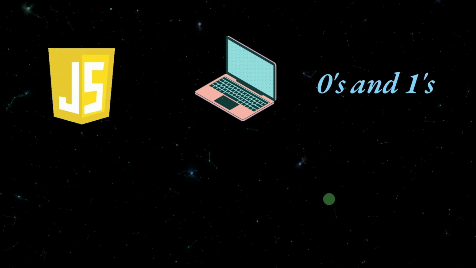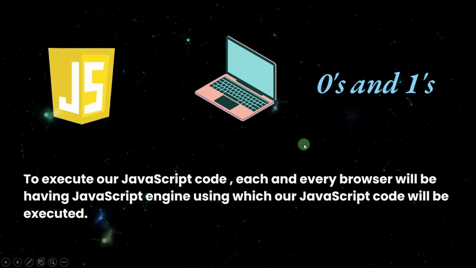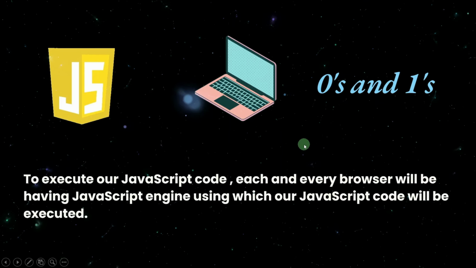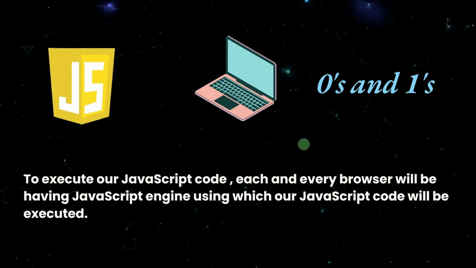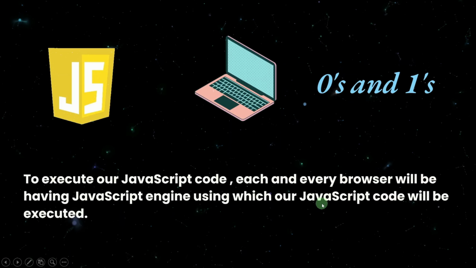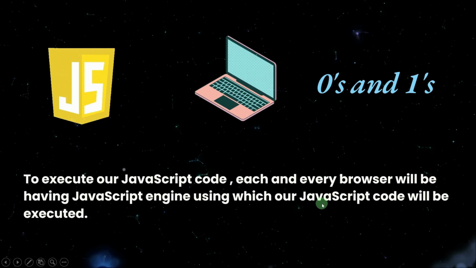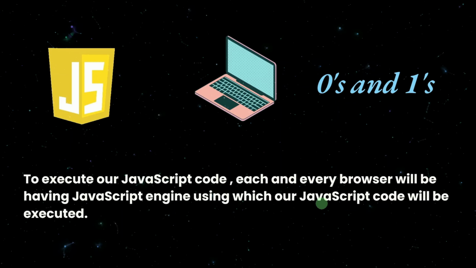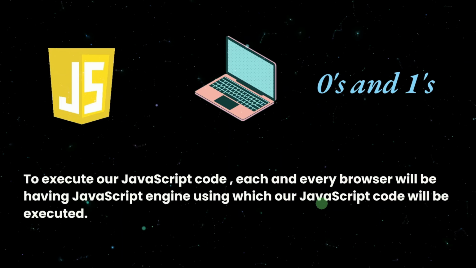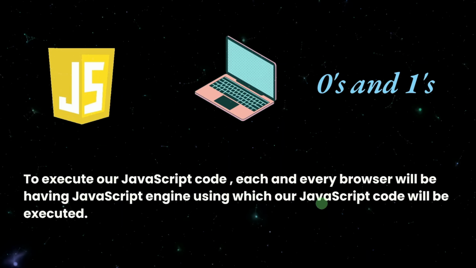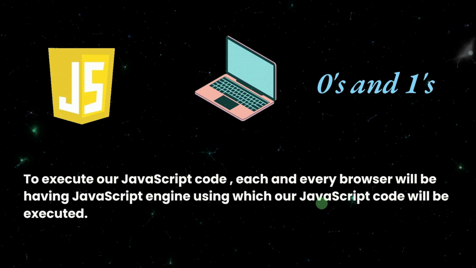Whenever we execute JavaScript code in any browser, there is a JavaScript engine using which our JavaScript code will be executed. If that engine is not present, we will not be able to execute our JavaScript code.